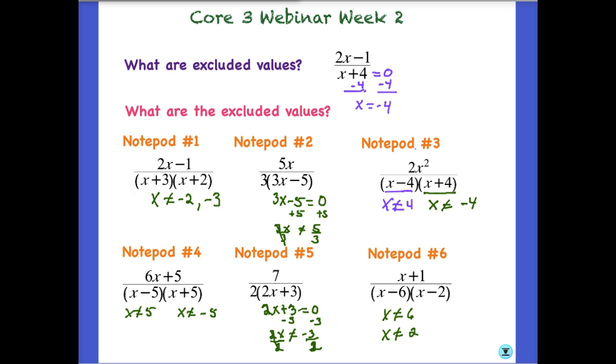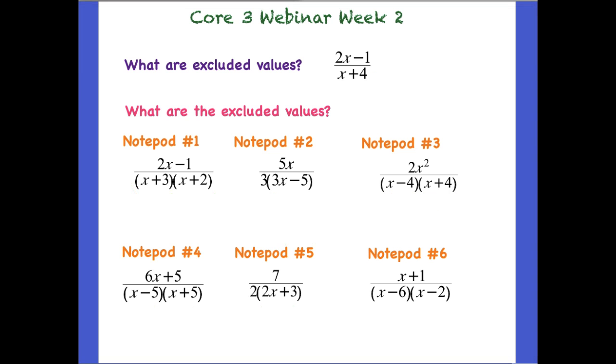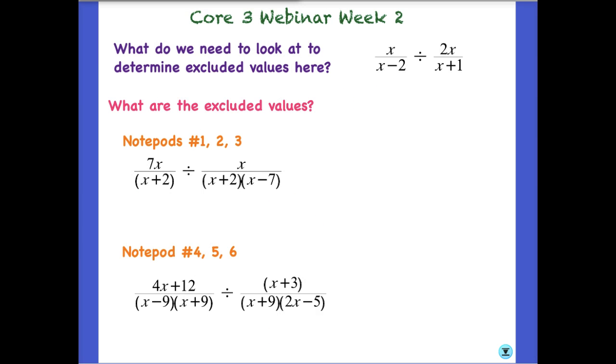So you guys, what I want to show you right here at the end, in your last lesson, the dividing and multiplying last week, you had to look at excluded values. And it was a little bit complicated because not only did you have just this one expression here, like x over x minus 2, you had division by a whole other fraction over here, like 2x over x plus 1.